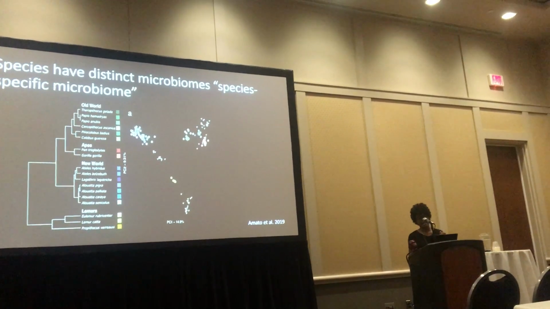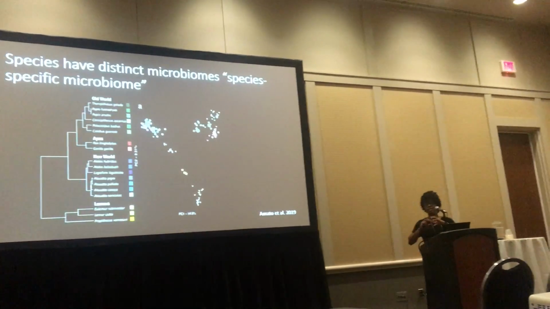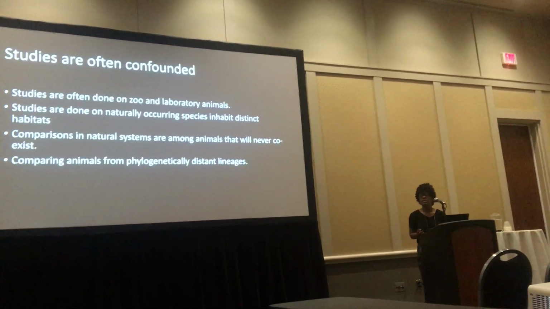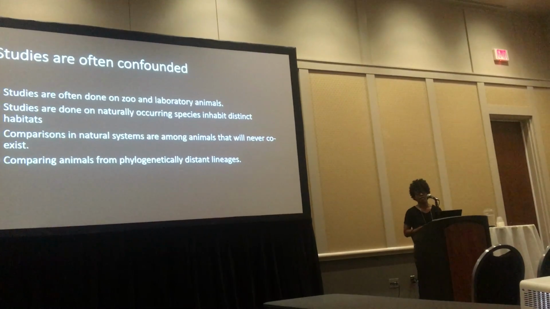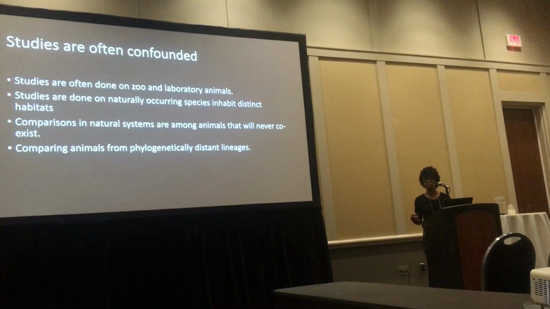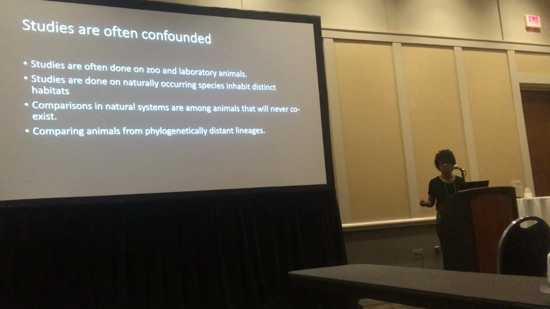Yes, evolutionary history should be driving it, but we can't really tell if geography has some influence on the microbiome. And a lot of these big studies, like the Lay et al. study that I showed at the beginning, incorporate zoo animals, captive animals and laboratory systems. And we know that these animals tend to have eroded microbiomes.